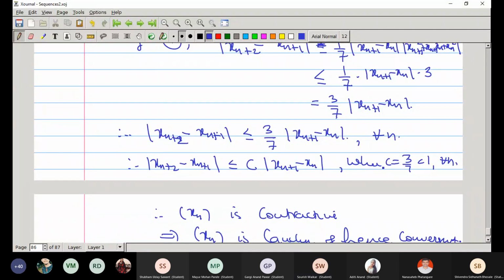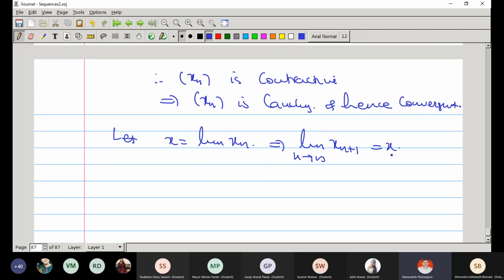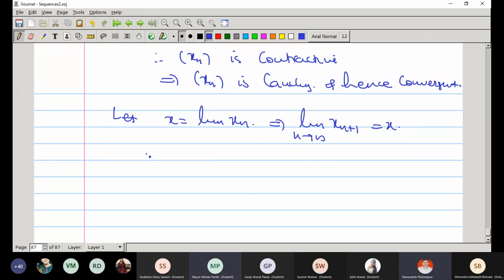So this sequence is contractive, therefore Cauchy and hence convergent. So let x be equal to the limit of xn. Therefore the limit of x_{n+1} as n tends to infinity is also x. Am I right? Yes, sir.